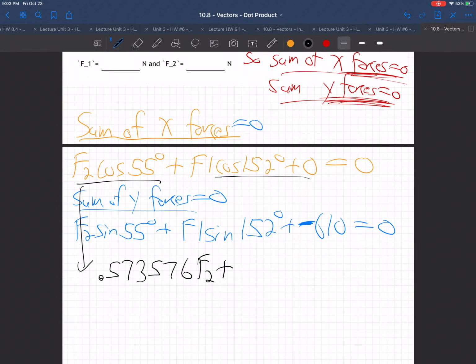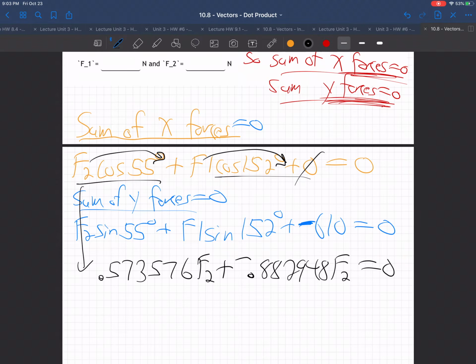Plus cosine of 152, which is negative 0.882948, times F1, equals 0. I put F1 and F2 in the wrong order, and I hope I didn't confuse you. It's the same thing either way. This should be F1 over here, and this is F2. Doesn't matter front or back.